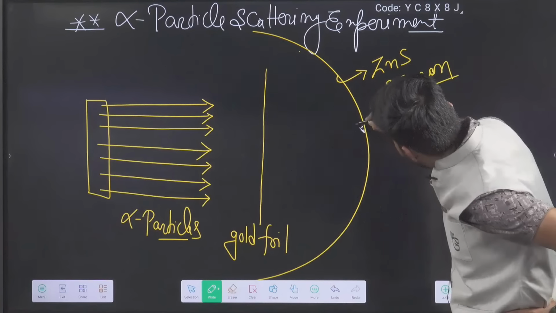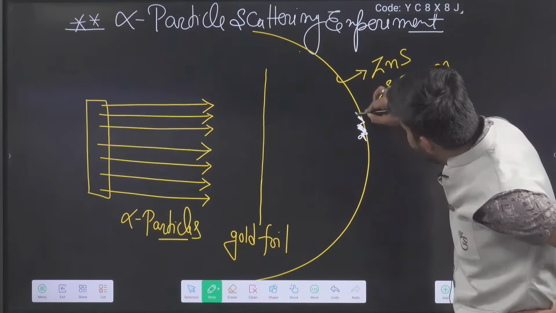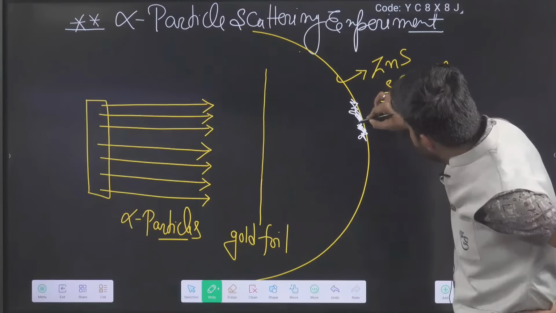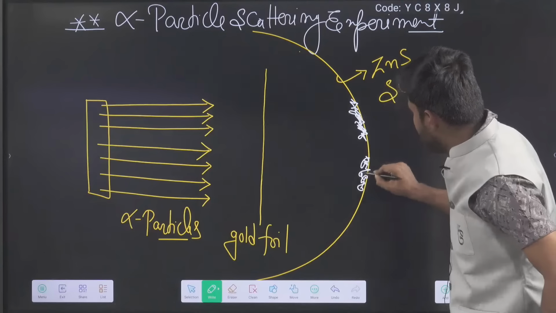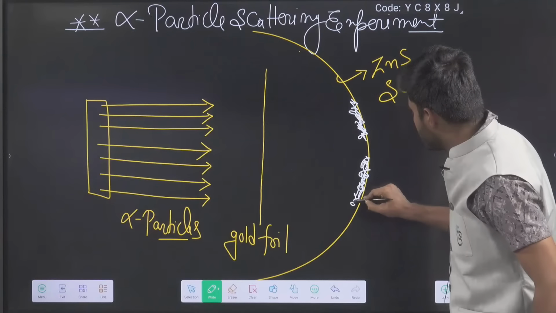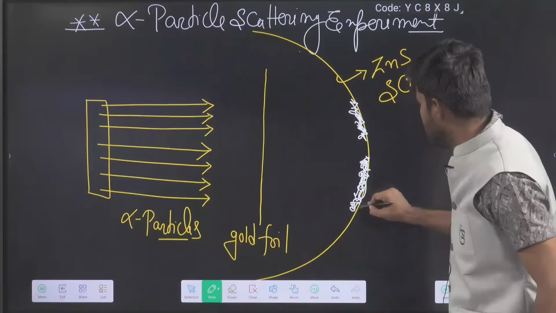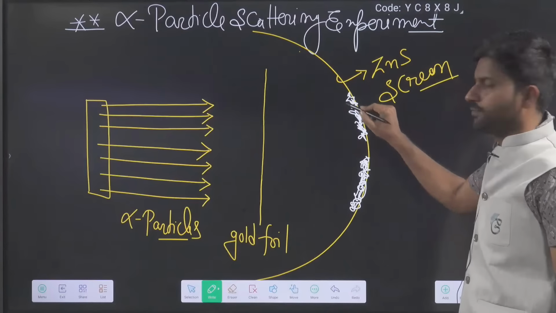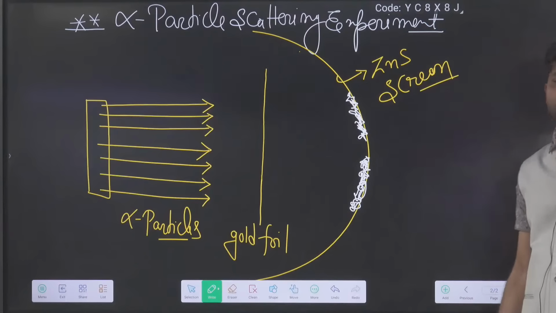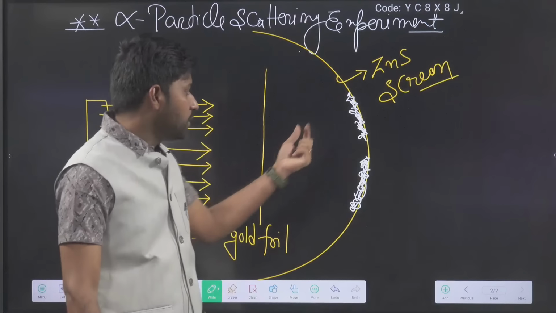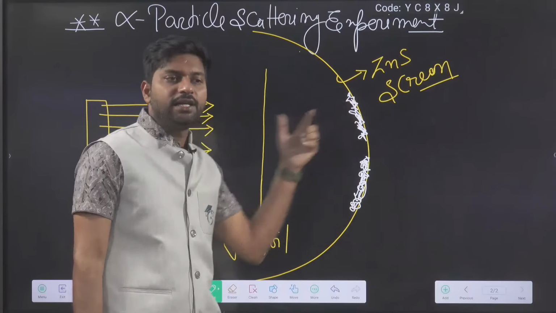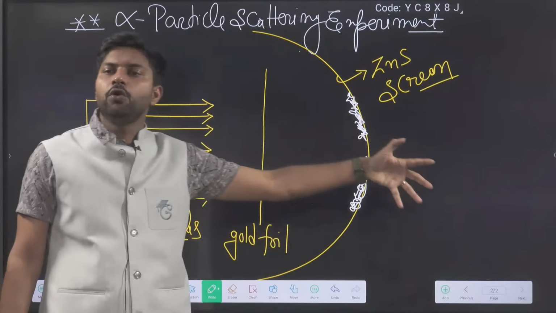So much shining or brightness came behind the gold foil, whatever screen was available. In huge amount, shining came behind the gold foil.